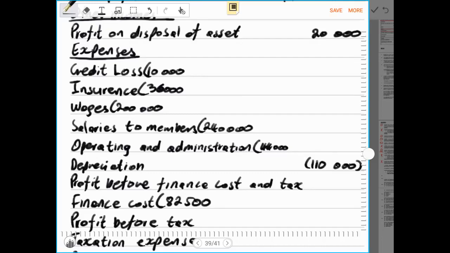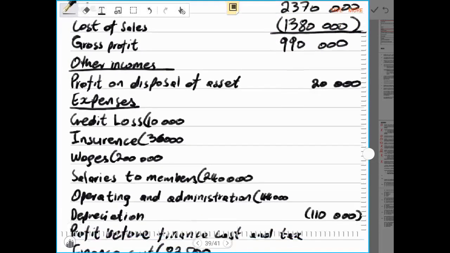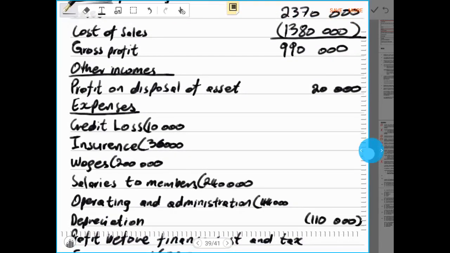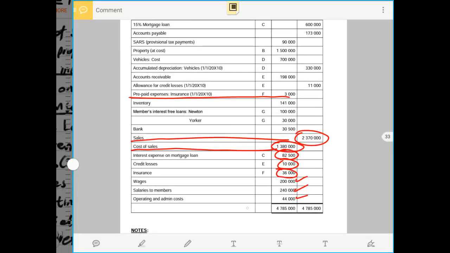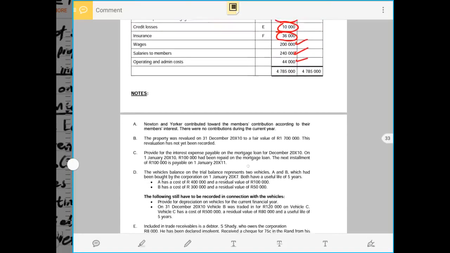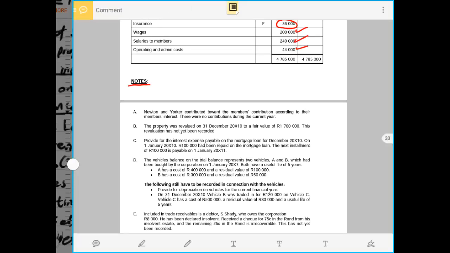Now from this point, after you have captured sales and cost of sales, we can go to the adjustments and read all the adjustments, and we record them as we deal with them one by one. The first adjustment, note A, says Newton and Yoka contributed toward the members' contribution according to their members' interest.